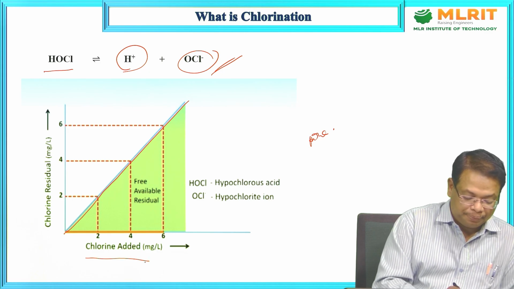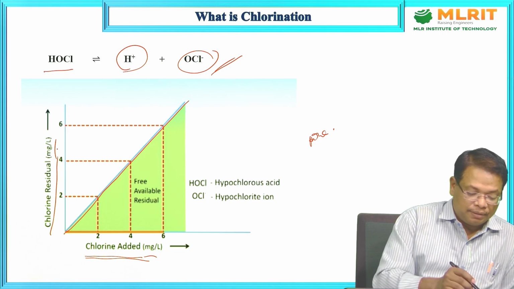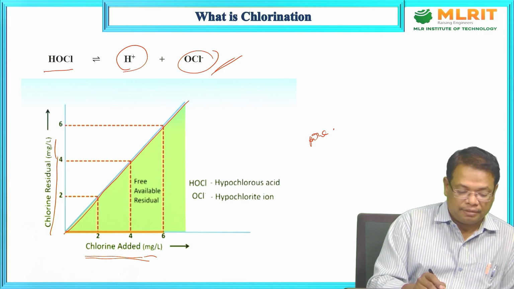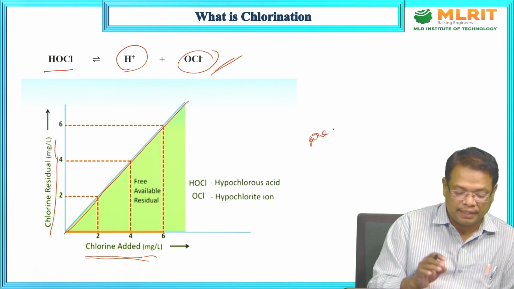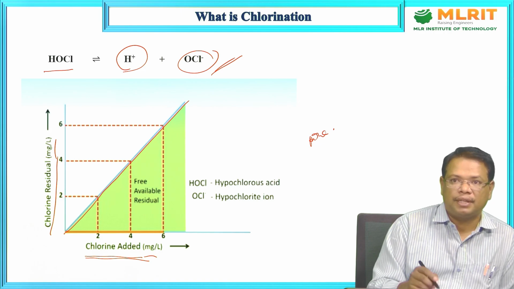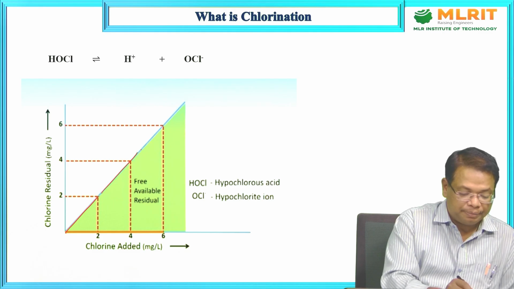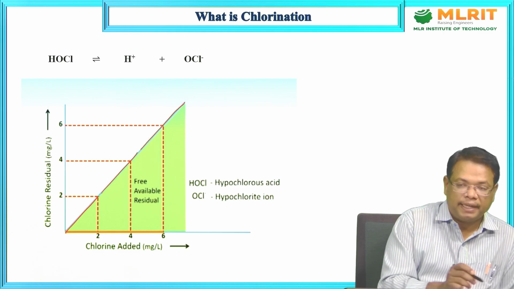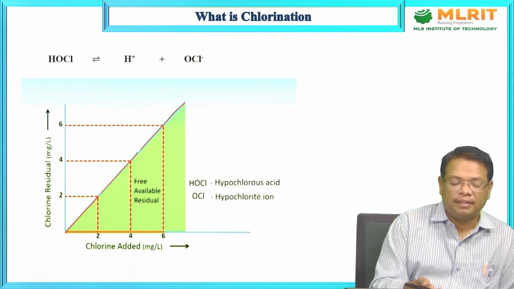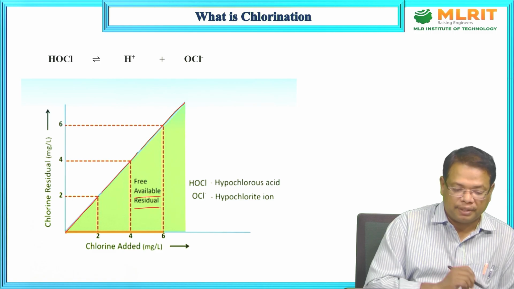The chlorine dose added is in mg per liter, and the chlorine residual in mg per liter is on the other axis. When the water is very pure, without any inorganic metals or compounds, organic compounds, or living organisms, your graph is like this. However much chlorine you add, that much concentration will be available as free residual chlorine in the water.